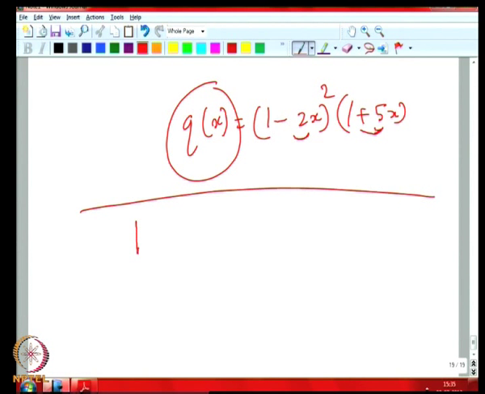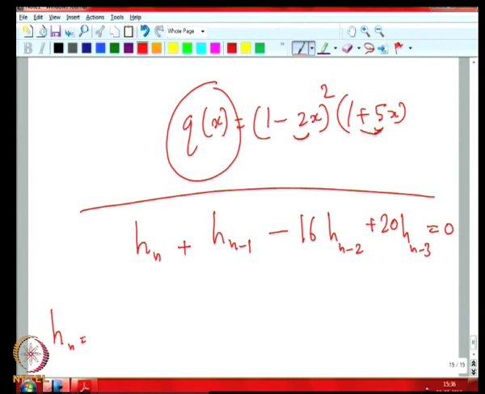So, our recurrence relation was Hn plus Hn minus 1 minus 16 Hn minus 2 plus 20 Hn minus 3 equal to 0. How do you find the characteristic equation? We find it by supposing that Hn is of the form some constant x to the power n, where we consider x as a variable.